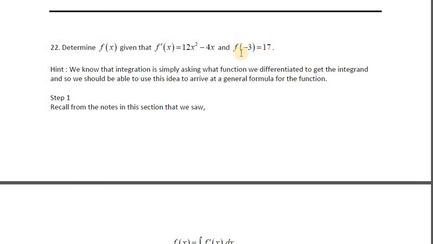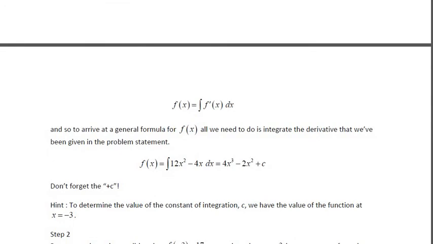So using this condition, we can find the value of the integration constant c. First of all, we have to integrate this function. We will have the function involving integration constant c.